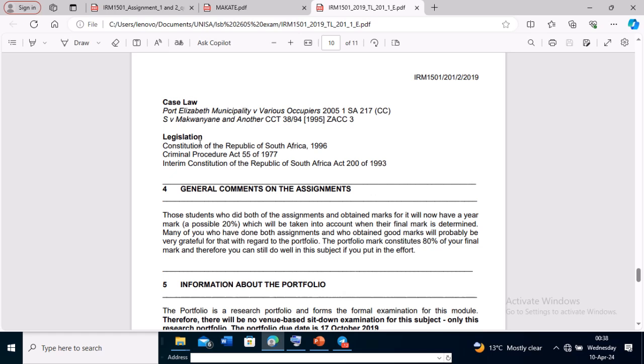Legislation are the laws which they have used to refer to in this case, to help them find judgment, or to support one of the legal representatives' arguments.